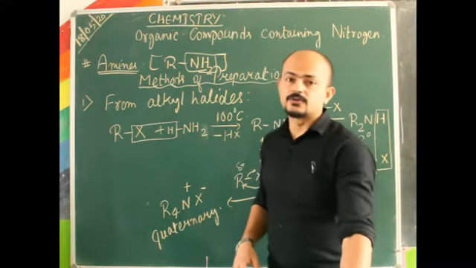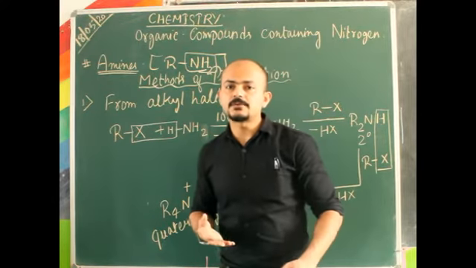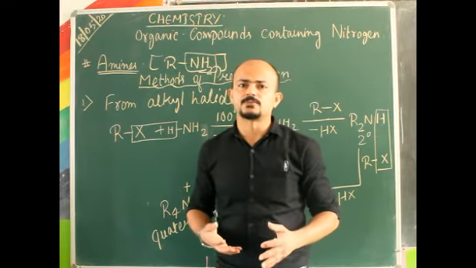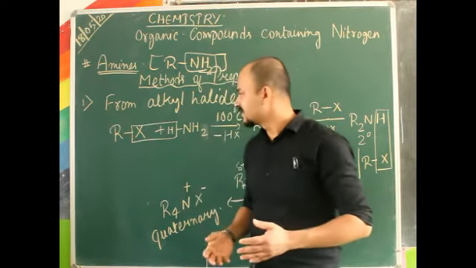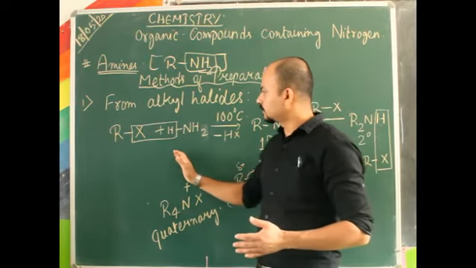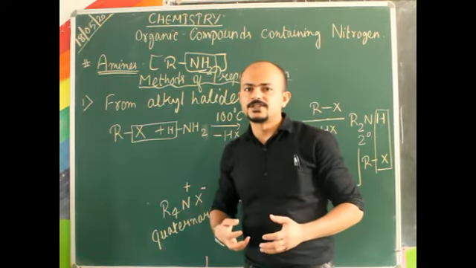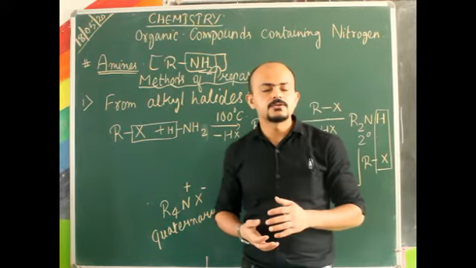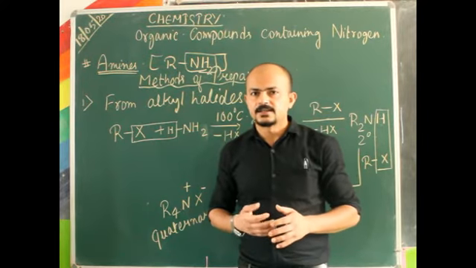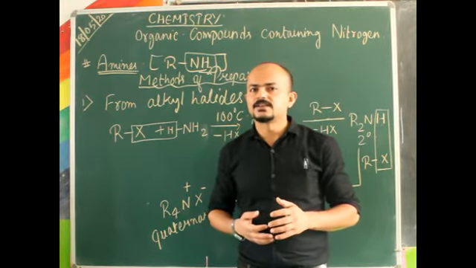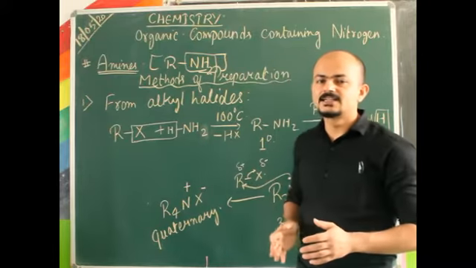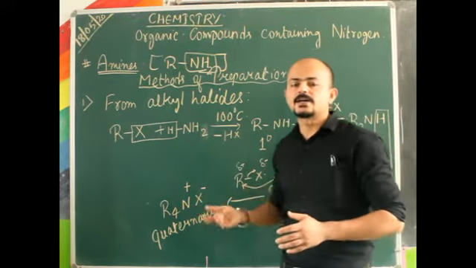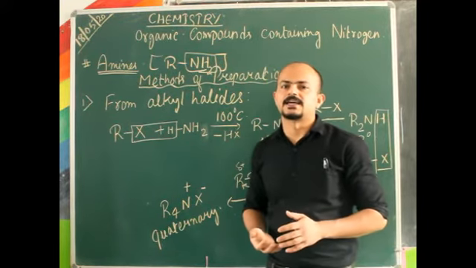So at the end of the reaction, we obtain a mixture of products. Since this mixture of first degree, second degree, third degree and quaternary are very difficult to separate, this method is not that convenient for preparation of one particular amine.